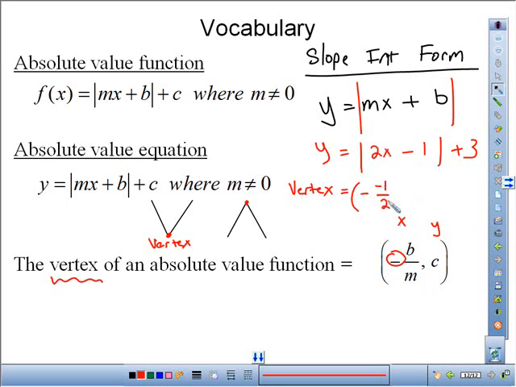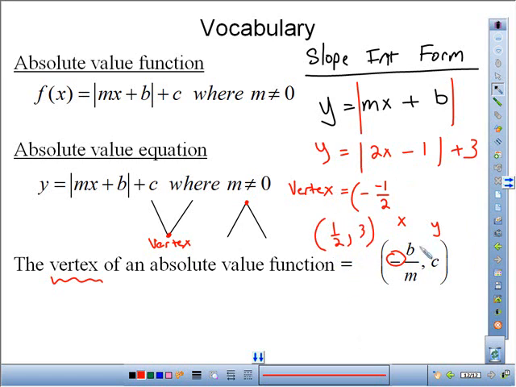Negative negative gives you positive, so you're going to end up with positive 1/2. And then our c value was this number outside here, so it's 3. So our vertex for this absolute value equation would be 1/2 and 3. Then we would plot that on a graph.